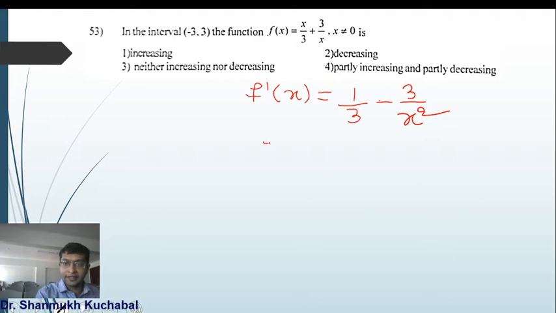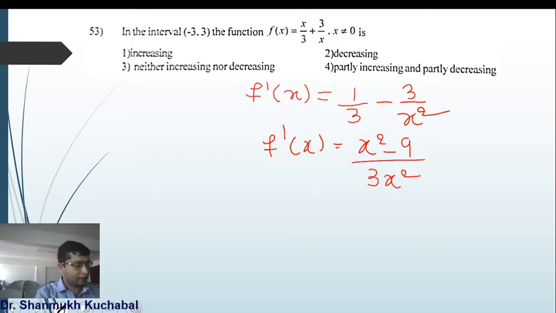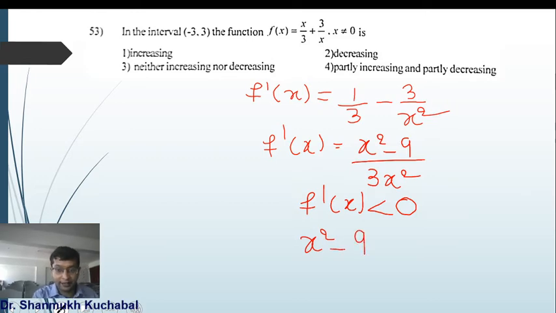So if we take the LCM and simplify, we get x square minus 9 divided by 3x square. Further, f dash of x is less than 0, we observe it. Because x square minus 9 is less than 0, the denominator is transposed to the RHS and becomes 0.